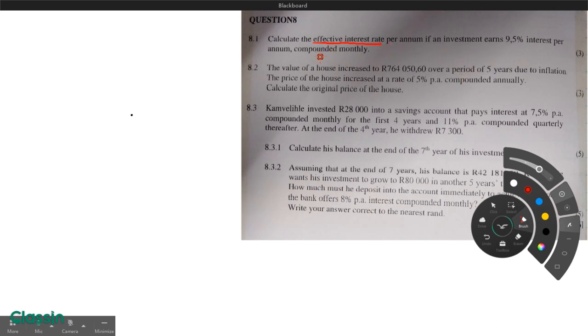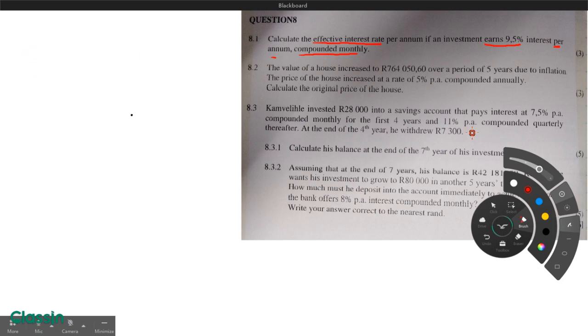Per annum compounded monthly means, in 1 year, 12 times, because we have 12 months in 1 year.